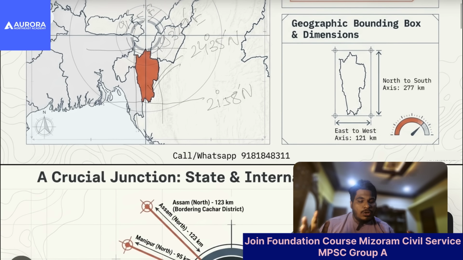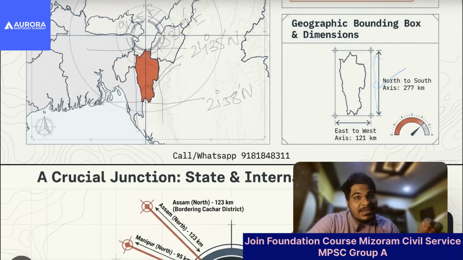The north to south extent of Mizoram is 277 kilometer, while the east to west extent of Mizoram is 121 kilometer. Now, in prelims, you might be asked, the north-south extent of Mizoram is more than the east-west extent of Mizoram. This statement will be correct.